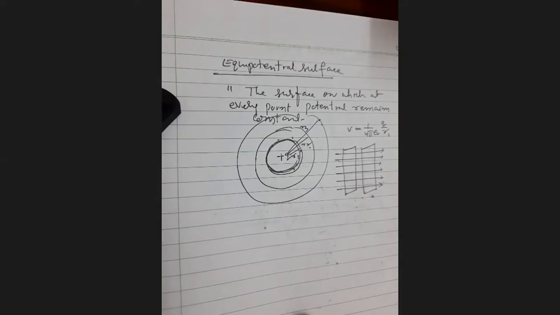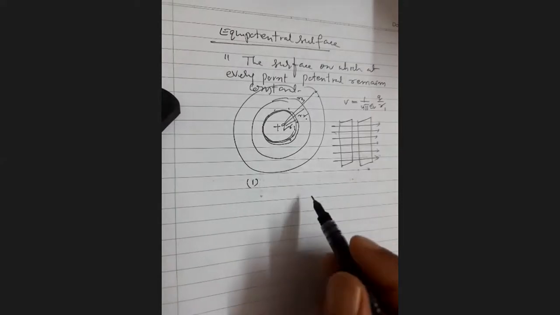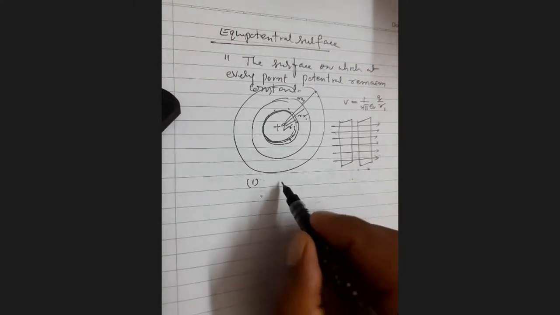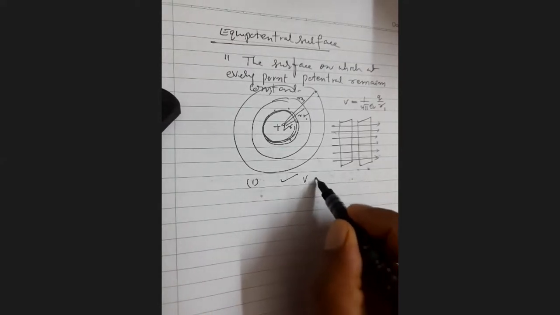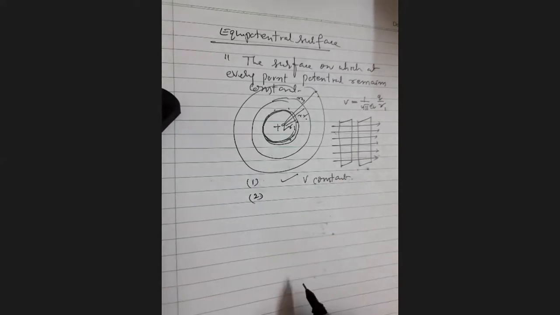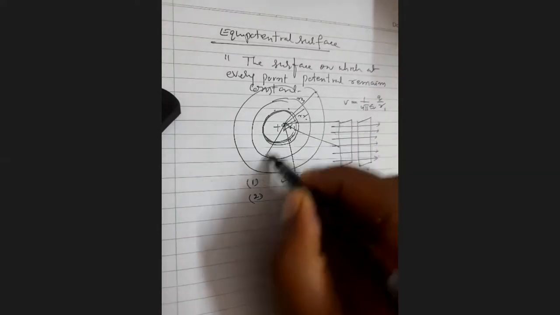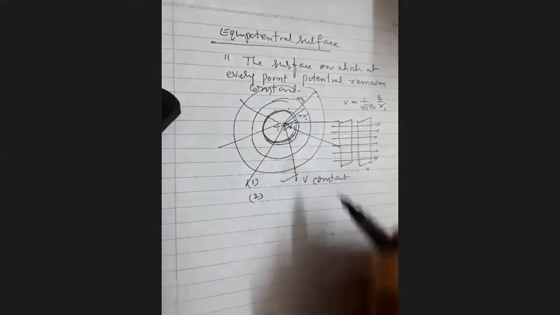So what are the properties of equipotential surfaces? Number one, on the surface the potential at every point remains constant. V is constant at every point. So this is our definition. Electric lines of force are perpendicular to the surface at any point.